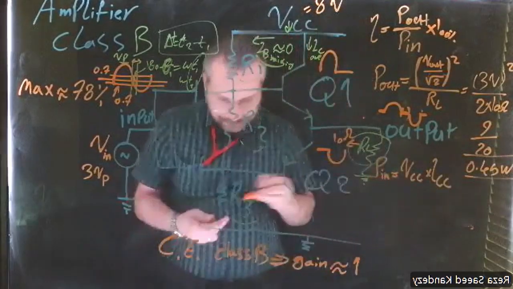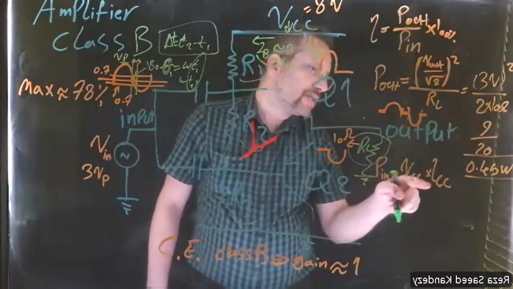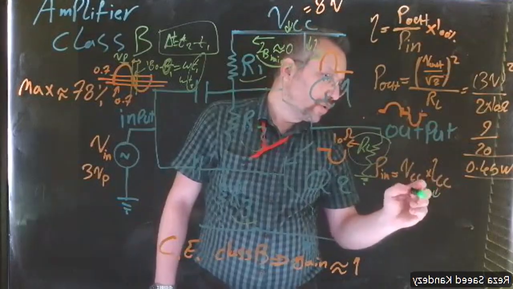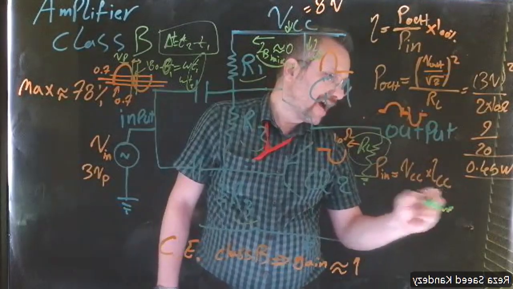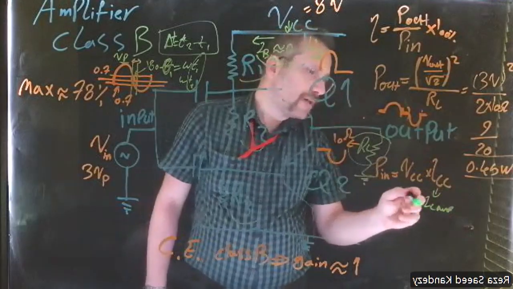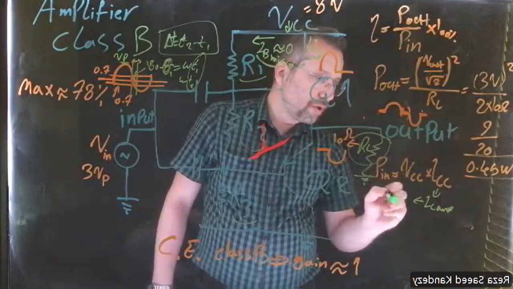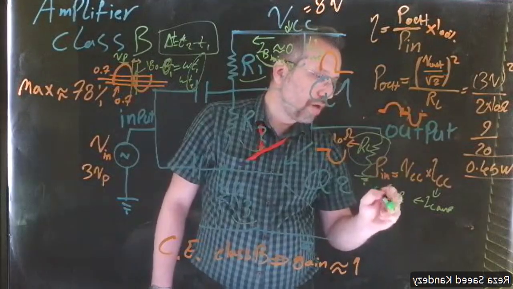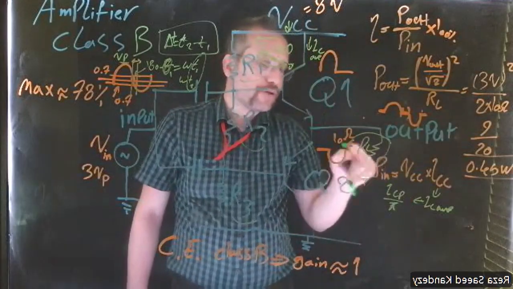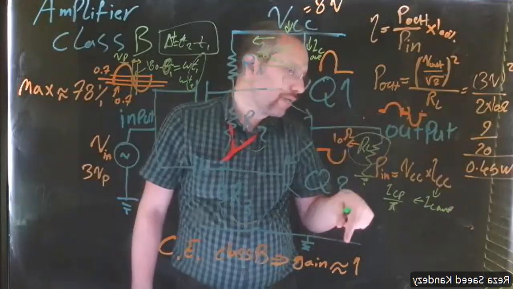Now our P in, let me use another color. Our P in is VCC times ICC. We said ICC is equal to the IC average. Now, what is IC average? We said the IC average is IC peak over pi, right? Now, what is IC peak? It is the current that goes through the circuit, so it is going to be the same current that we have through the RL.